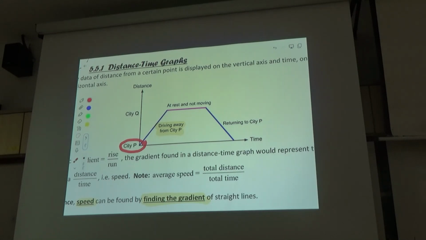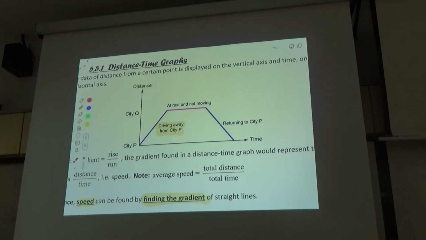So what it's telling you is that over time, as you move from here to here, your distance away from CTP actually increases. Because at every single time point, if I were to read upwards, I will find that it comes to a certain distance here. And that distance is the distance away from CTP itself. So therefore, this line segment tells us that the driver is driving away from CTP.